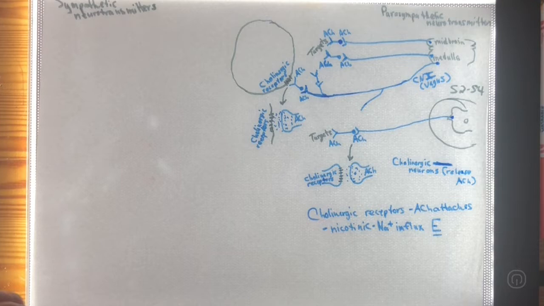Since sodium ions are positively charged, influxing into the cell, which usually is deficient in sodium ions, they're passing from an area where they're highly concentrated into an area where they are less concentrated, following their diffusion gradient. This is always an excitatory interaction. So nicotinic cholinergic receptors are always excitatory and they always work the same way.